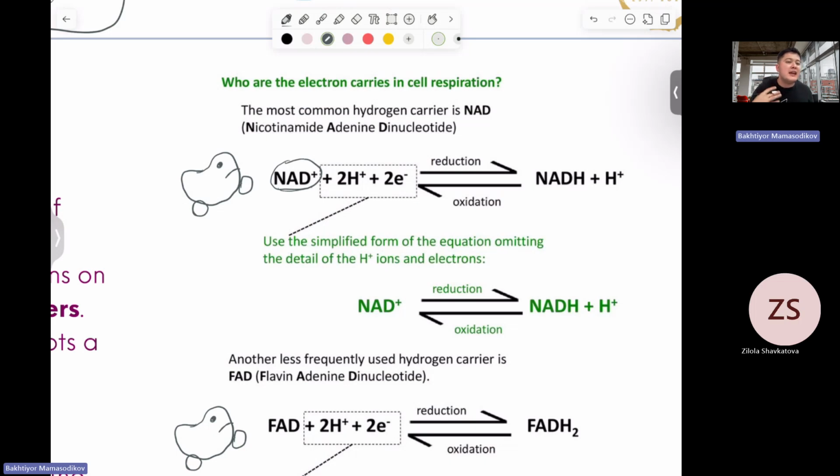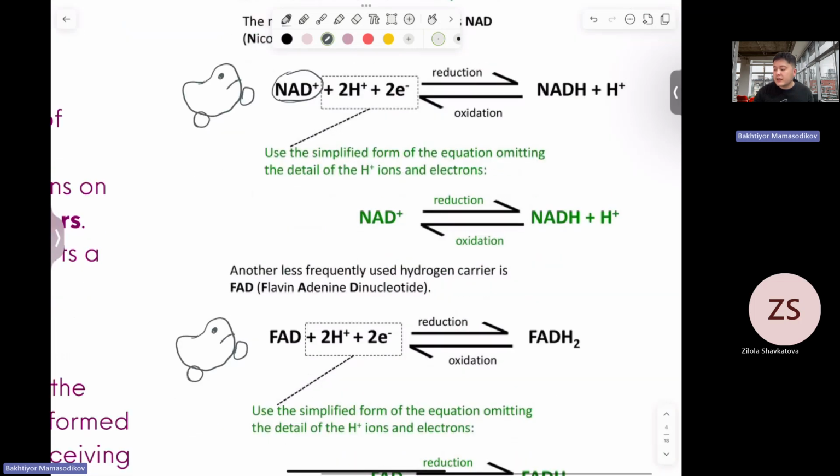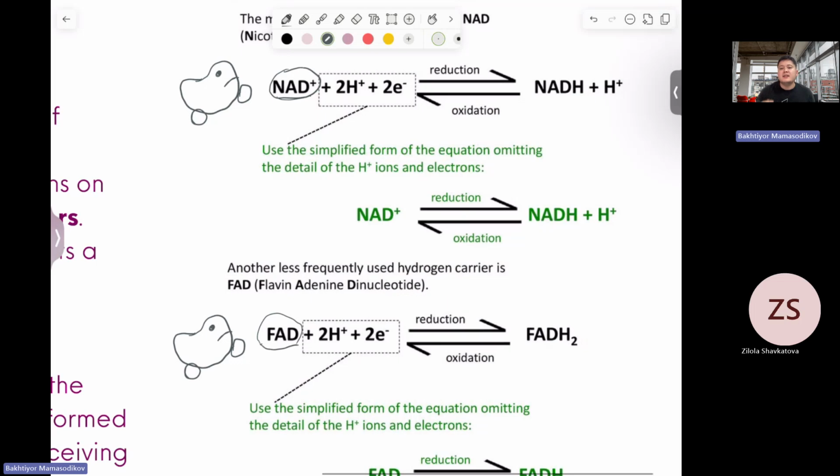It doesn't have any electrons yet; it hasn't picked up any electrons. The second version of the taxi is FAD. F means flavin, adenine dinucleotide, while NAD means nicotinamide adenine dinucleotide.